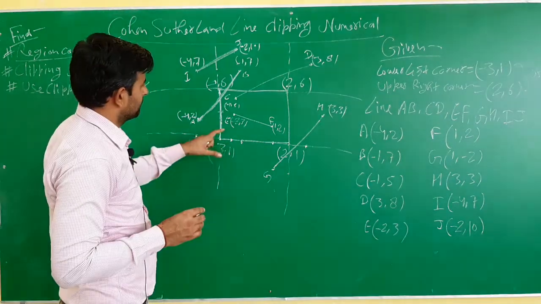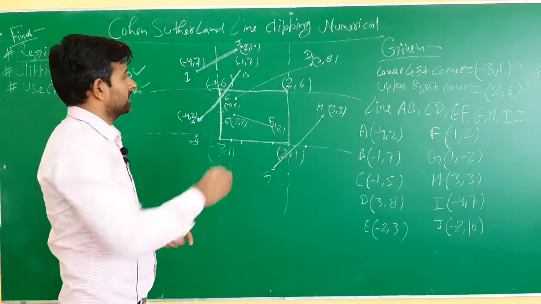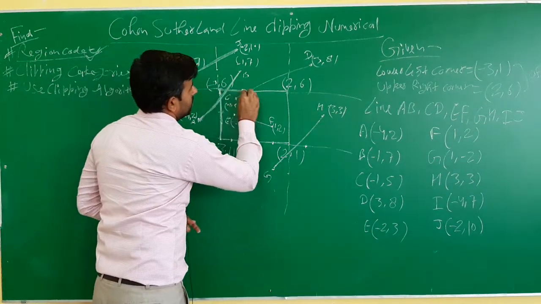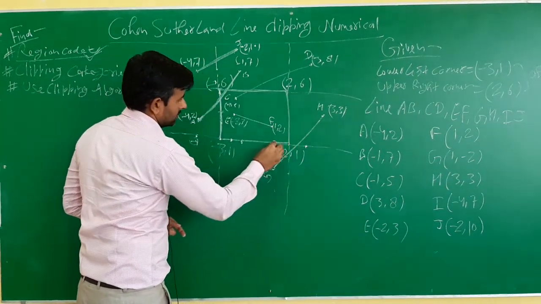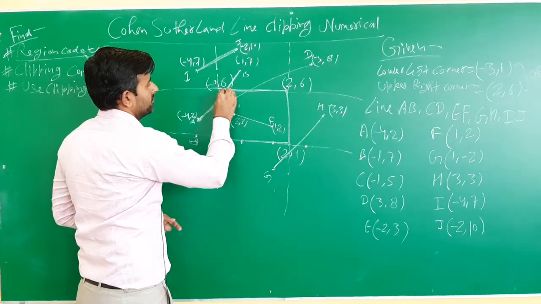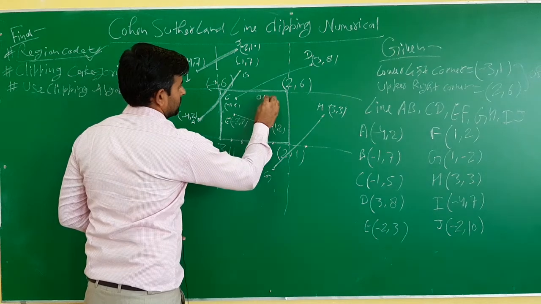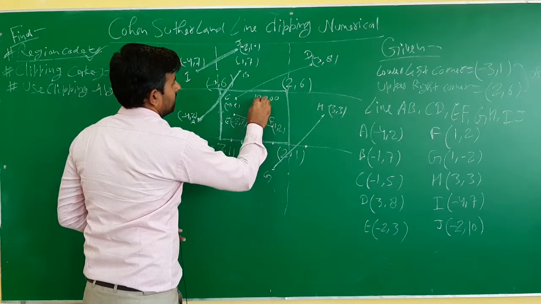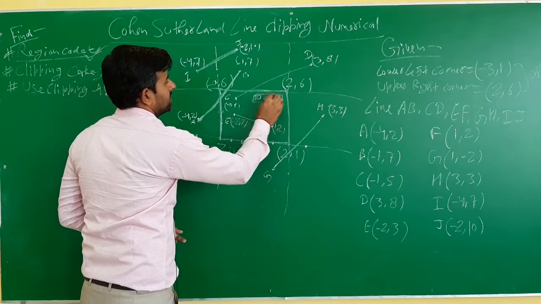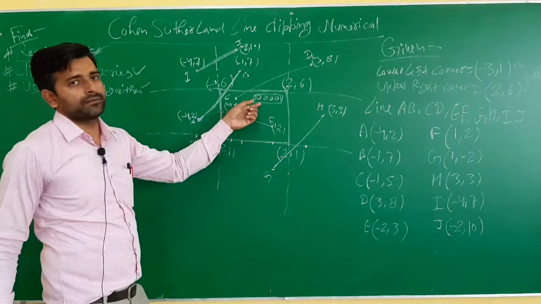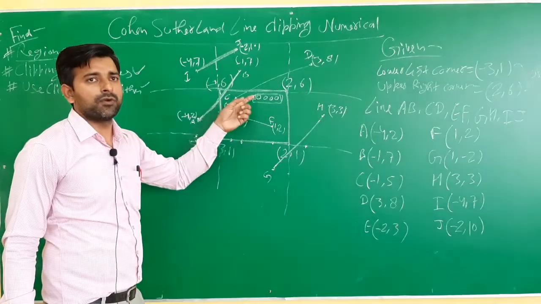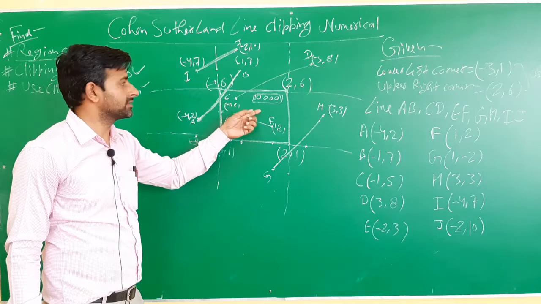Let's remember one thing, the region code of the window given will be 0 0 0 0, and we will take 4-bit binary numbers. Clear?